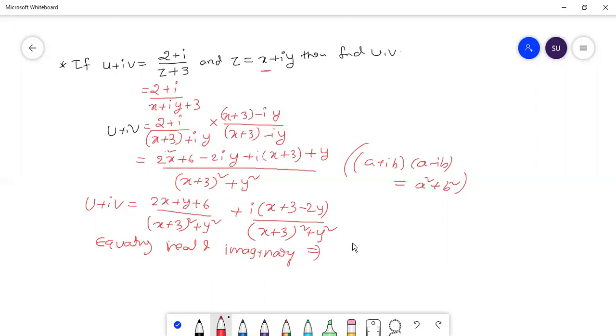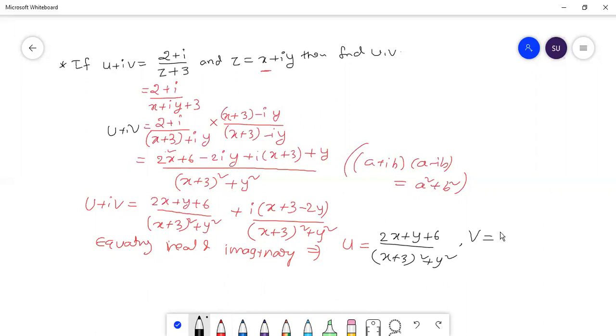That implies u is equal to (2x plus y plus 6) by (x plus 3) whole square plus y square. Here you need not expand the denominator. They are not asking anything particular, just u and v.